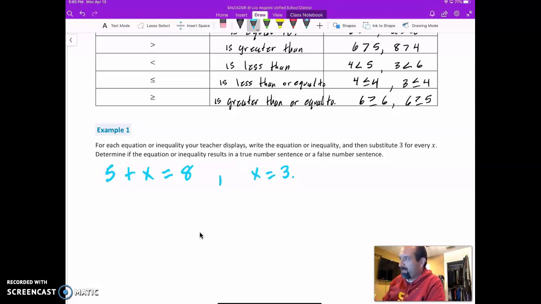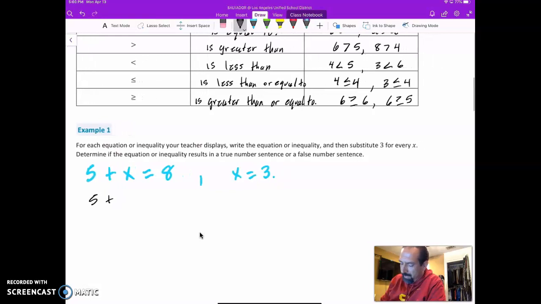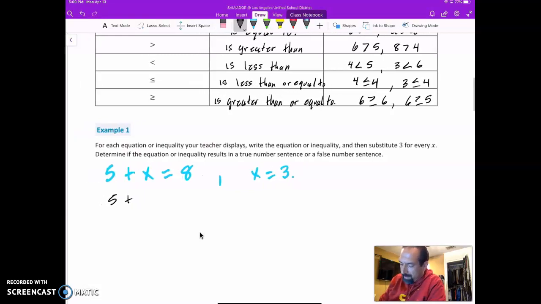Okay, so when we substitute, instead of x, I put 3, I get 5 plus 3 equals 8. Is this a true statement or a false statement? Well, we see that this is a true statement, okay? Because 8 equals 8, okay?